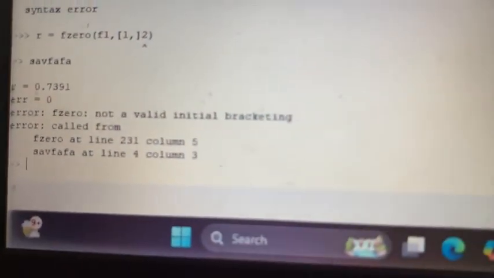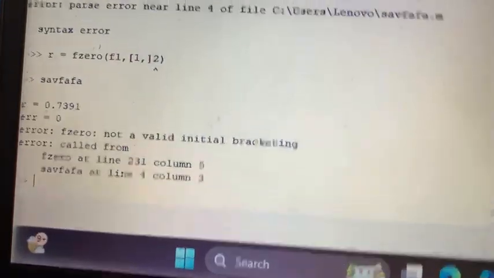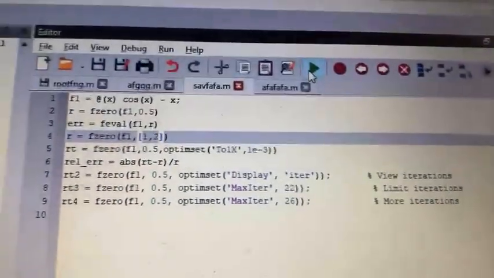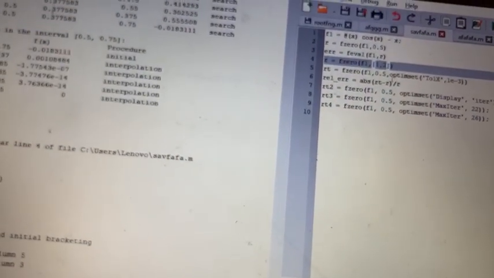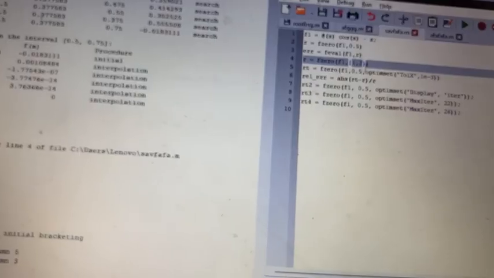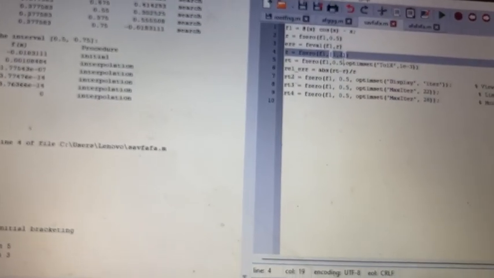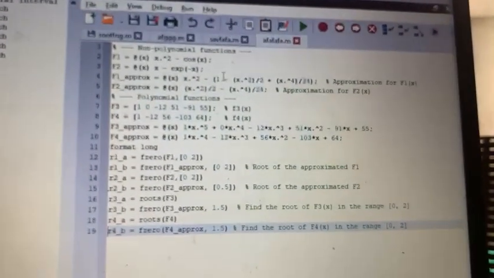So you can see fzero is not a valid initial bracketing when I use the interval 1 to 2 because it gives us the same sign. It's not applicable.